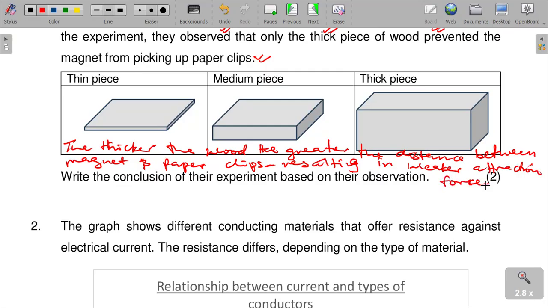So the thicker the wood, the greater the distance between the magnet and the paper clips, resulting in weaker attraction force. That is true, because they are saying only the thick piece of wood prevented the magnet from picking up the paper clips. So that is what we can say there.